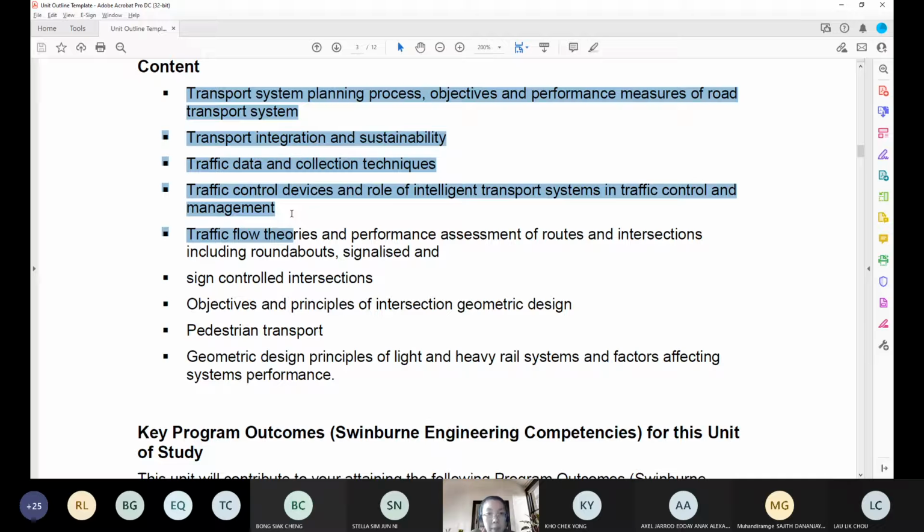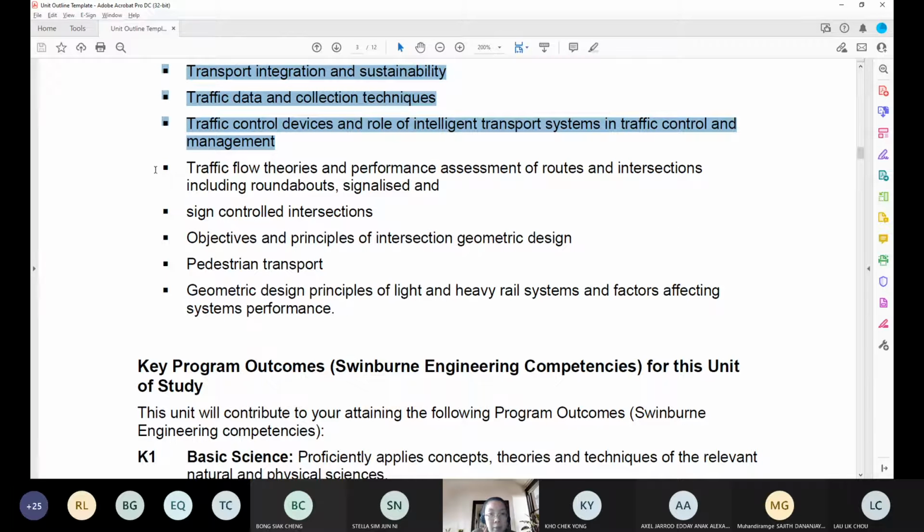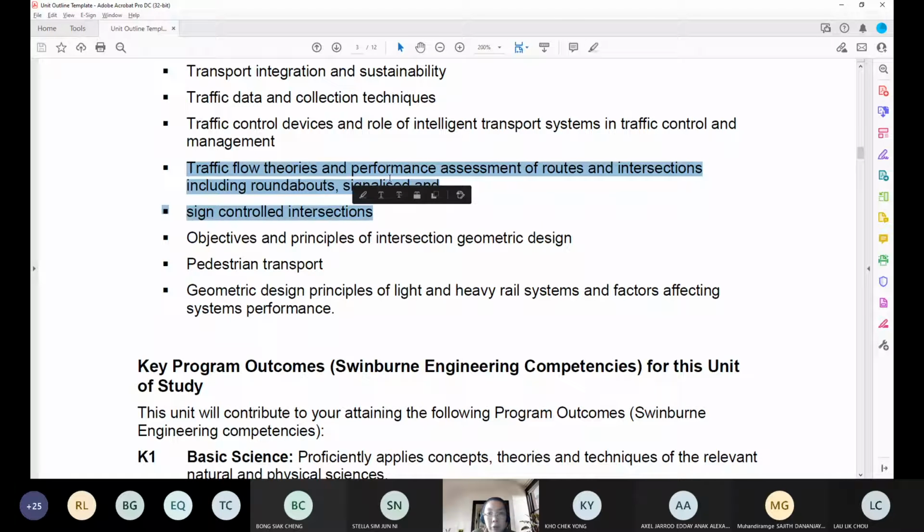Yeah, so up until here, these 4 points are basically transport planning, transport management. Okay, how you manage the traffic, how you include sustainability into transport management, how we can make use of technologies to improve day-to-day travel.